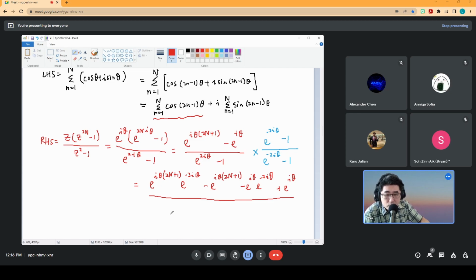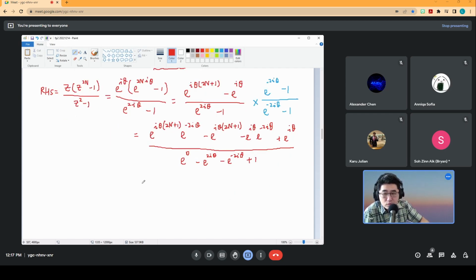This one multiplied by this one. This one multiplied by this one. This one multiplied by this one. This one multiplied by this one. Okay. Simplify the power.